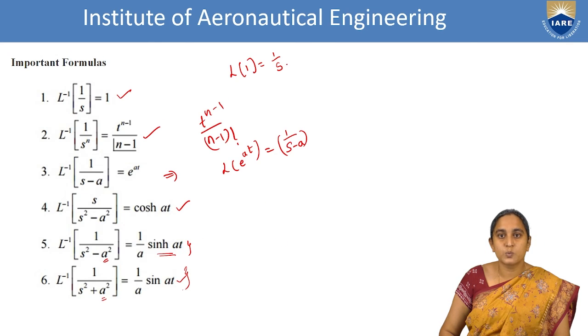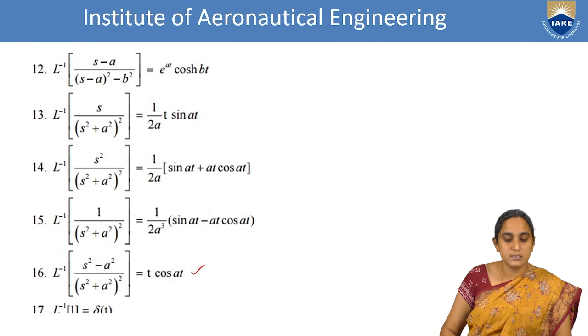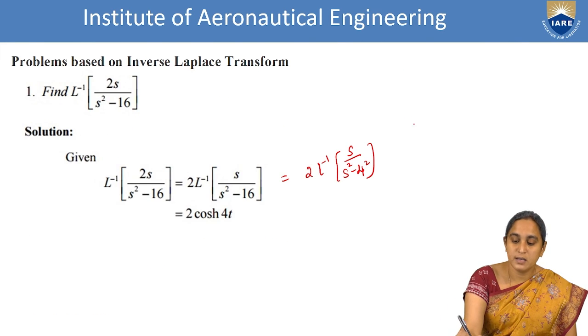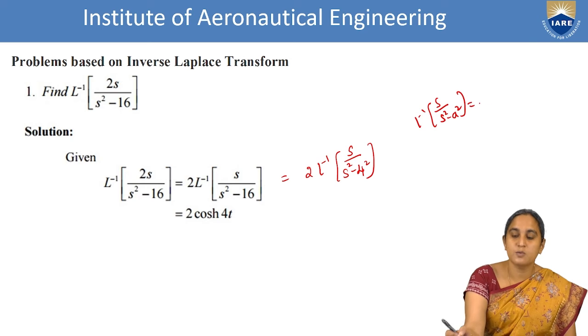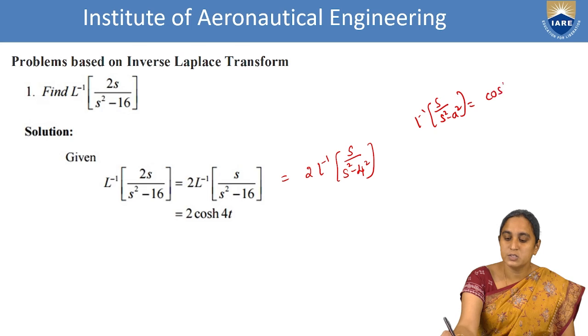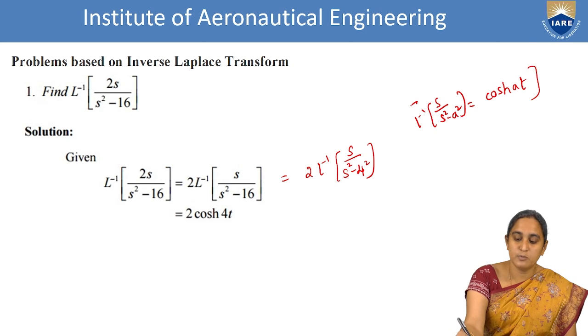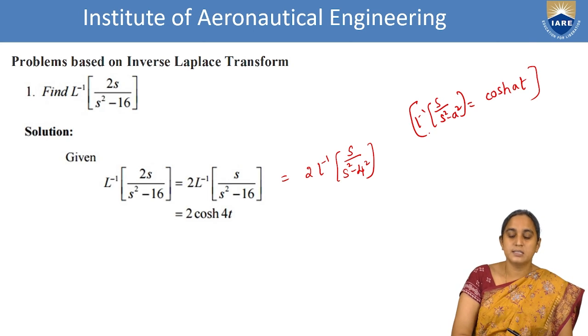Laplace inverse of s by s square minus a square is equal to what? Cos h at. Using this formula for this given question, Laplace inverse of s by s square minus a square is cos h at.